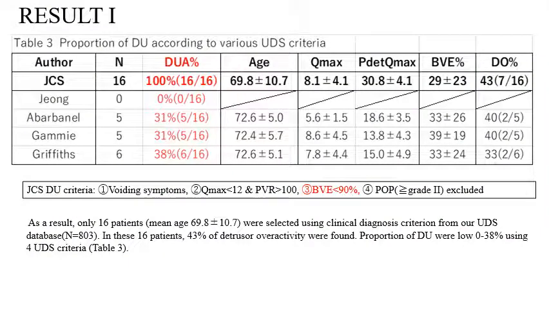Result 1. DU proportion. As a result, only 16 patients, mean age 69.8 plus or minus 10.7, were selected using non-UDS DU criteria from our UDS database, n equals 803. In these 16 patients, 43% of detrusor overactivity was found. The proportion of DU was low, 0 to 38%, using the 4 UDS criteria for DU.